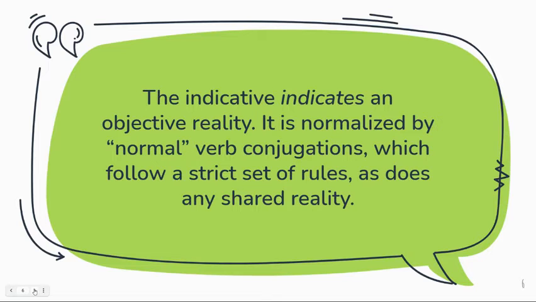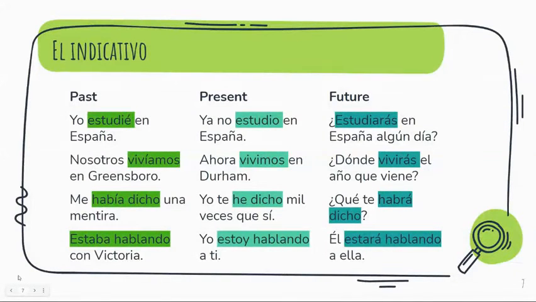So an AR verb is going to look like an AR verb. An ER verb is going to look like an ER verb. We can all share these rules and agree upon this reality no matter what time or tense is indicated. Here are some examples. There are many forms of the indicative.